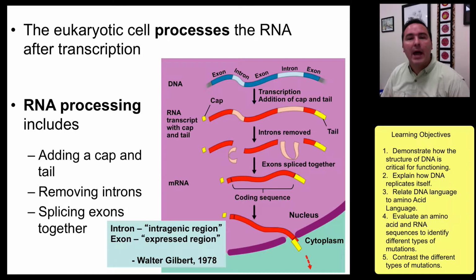And this is why even though humans only have a little over 20,000 genes, we can make more than 200,000 different kinds of proteins, because we can alternatively splice the different exons together to make slightly different proteins. And this was a huge discovery just made in the last 15 or so years.